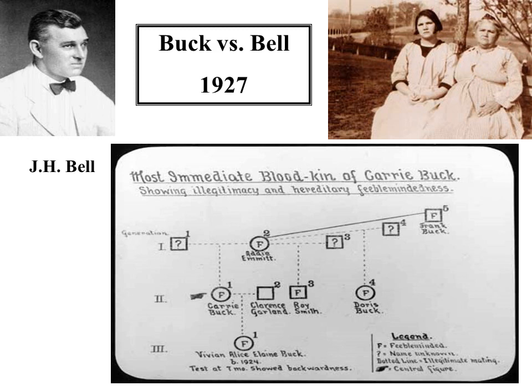So Carrie Buck's daughter, born in 1924, was tested when she was 18 months old, and the tests showed that she was backward. I don't know how at 18 months old you can demonstrate backwardness, but apparently she did.